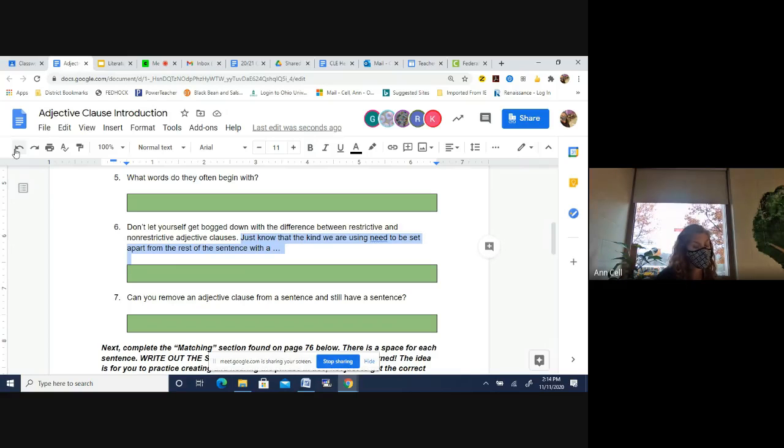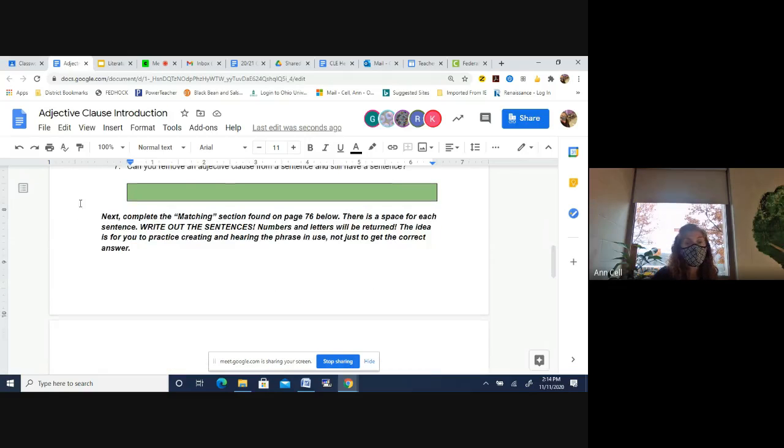So before an adjective clause, you need to set it apart using a comma. And finally, can you remove an adjective clause from a sentence and still have a sentence? Yes. If I take out any dependent clause, I will still have a sentence.